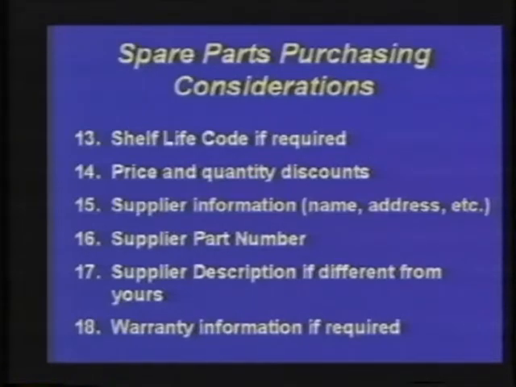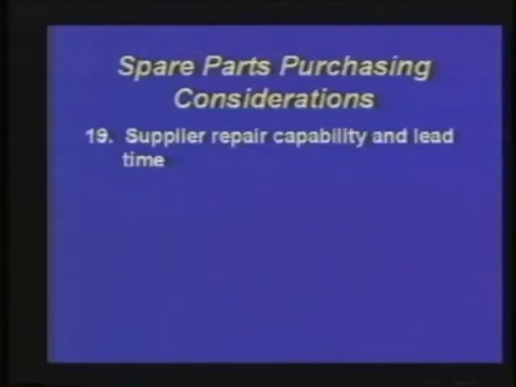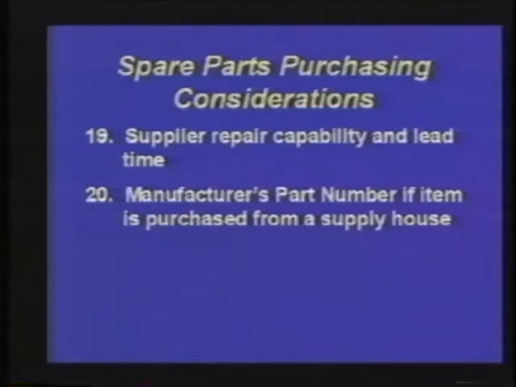And continuing on page 6, the supplier repair capability and the lead time, and undoubtedly we would want to check the supplier cost of repair versus our own internal cost, the manufacturer's part number.